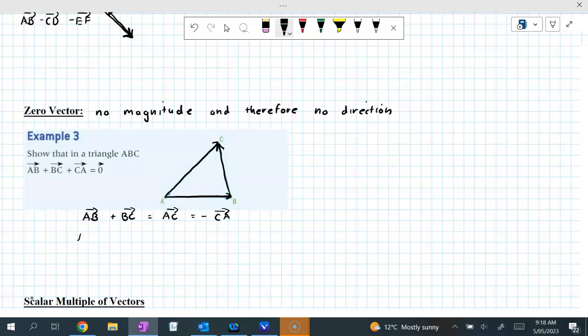And so then you could say AB plus BC plus CA is equal to negative CA plus CA, and so then that's 0.